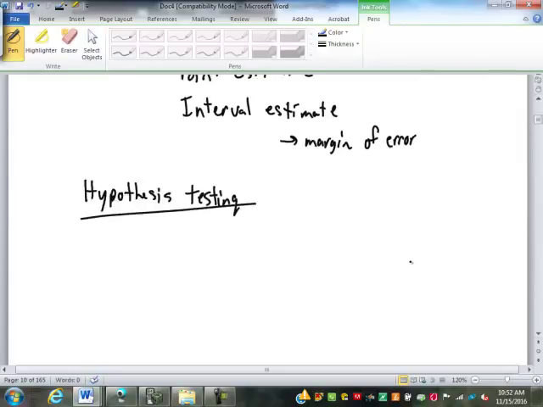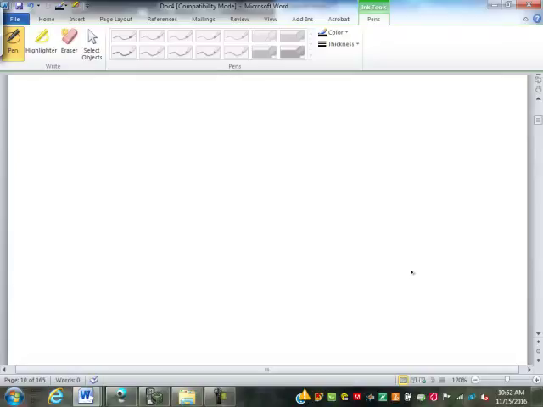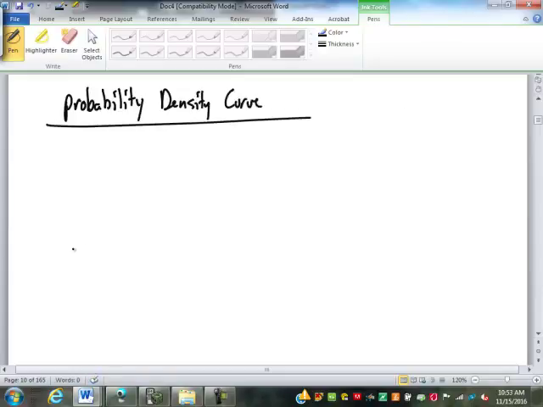Okay, so let's take a look at some of the things we'll need to understand here for this test. We do need to understand probabilities and probability density curves. A probability density curve might look something like this.